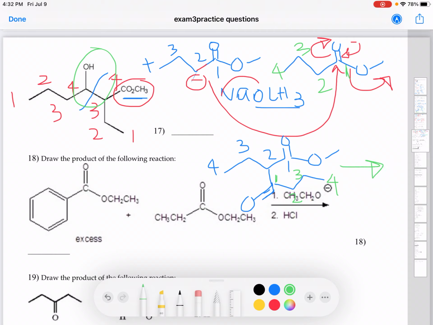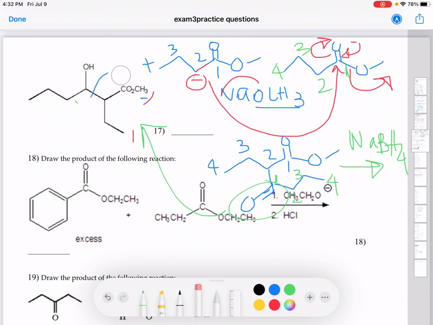Sodium borohydride only reduces the keto functional group and gives you this product that you want. The ester group will stay the same, but the ketone will be reduced to an alcohol.